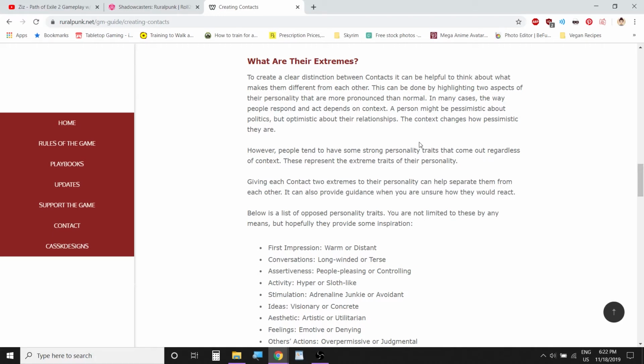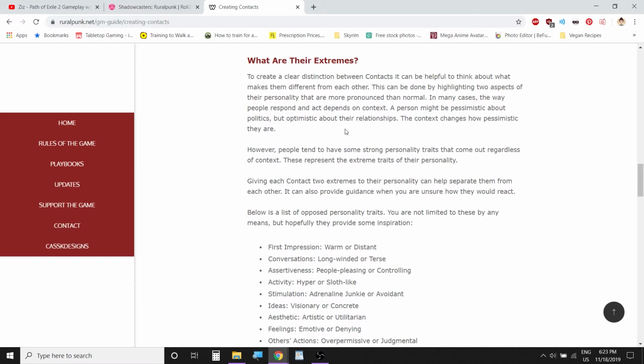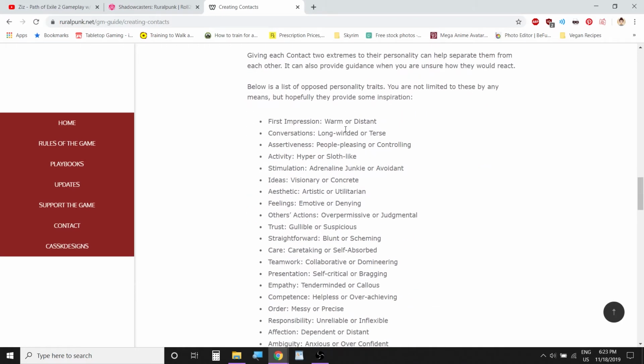So I might be pessimistic when it comes to politics and government, but really optimistic about my personal relationships. So in that case, we'd say that's not an extreme. An extreme is basically a trait that comes out in almost every single context. It's one of the most consistent things. And so that's how it becomes known. And so thinking about extreme traits combined with that first trait I already gave a person can help me start thinking about what their second trait would be.